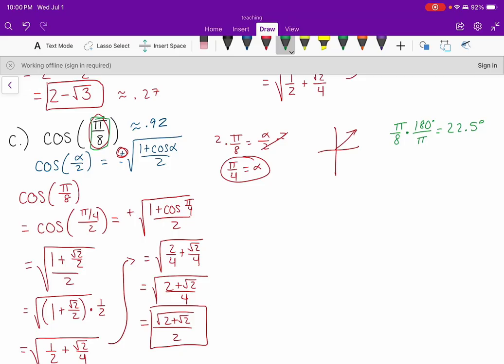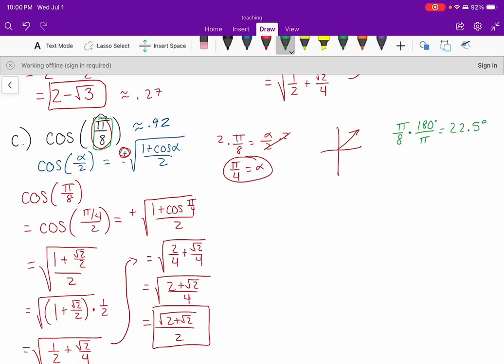And all the work would be exactly the same. The only thing that would change is instead of writing pi over 4, we would have been writing 45 degrees. But those are the same thing, just different degrees versus radians. This is it for the exact value type problems in this section.